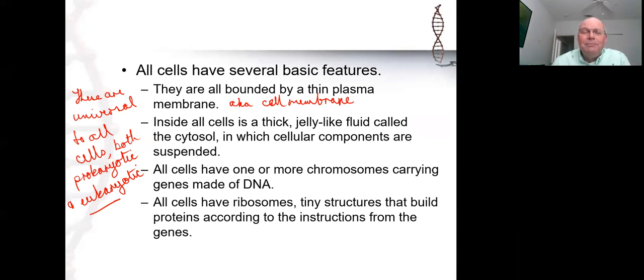Inside is a very thick fluid-like material that has proteins, sugars, fats, all sorts of things mixed into it. And it creates a fluid-like material that we refer to as the cytosol or cytoplasm. So again, we'll put in an AKA.